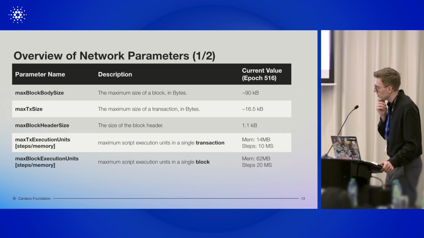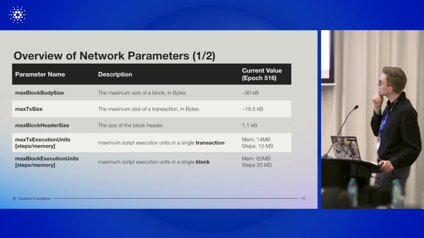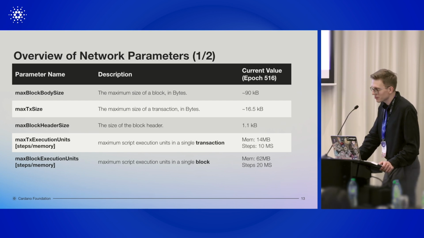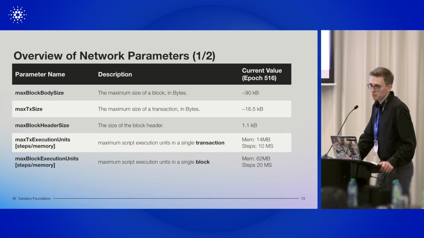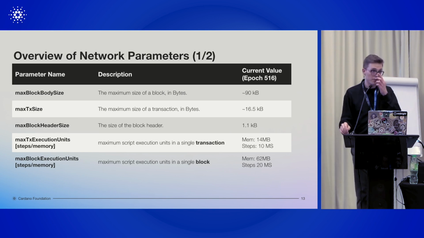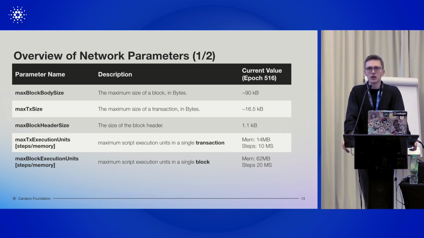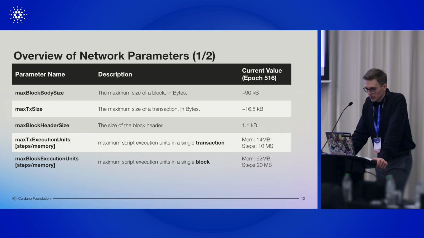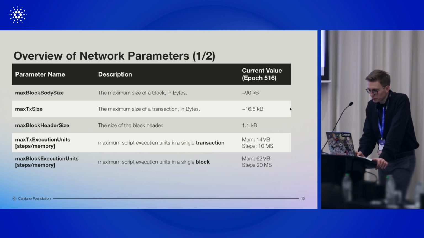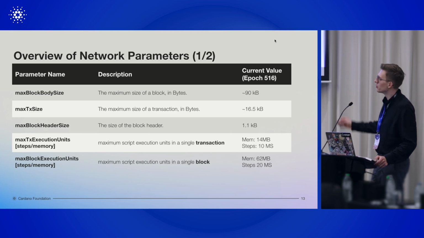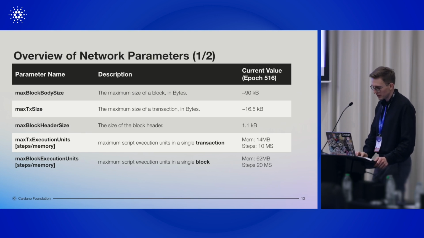For example, there's a guardrail for all of those different parameters, and they define the minimum value we can set the block body size to, or the max value we can set the max block body size to. These guardrails were defined by experts from the parameters committee, where we have community members from the IOG team, CF team, and a lot of other organizations who came up with these guardrails, because we need to make sure that we do not break the system by changing a parameter. So these are the network parameters.